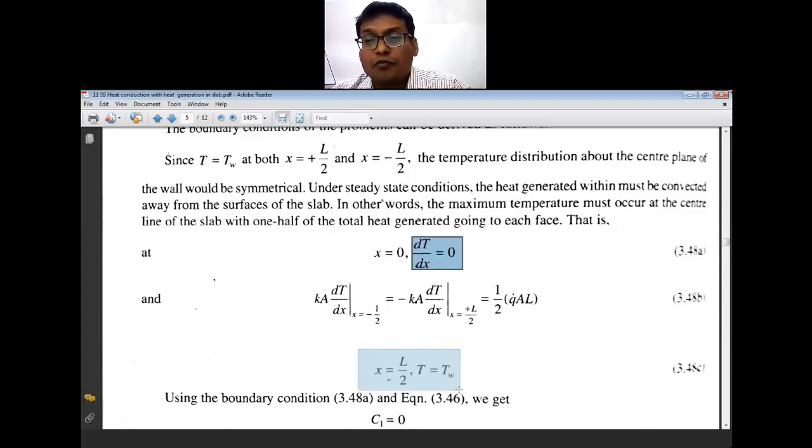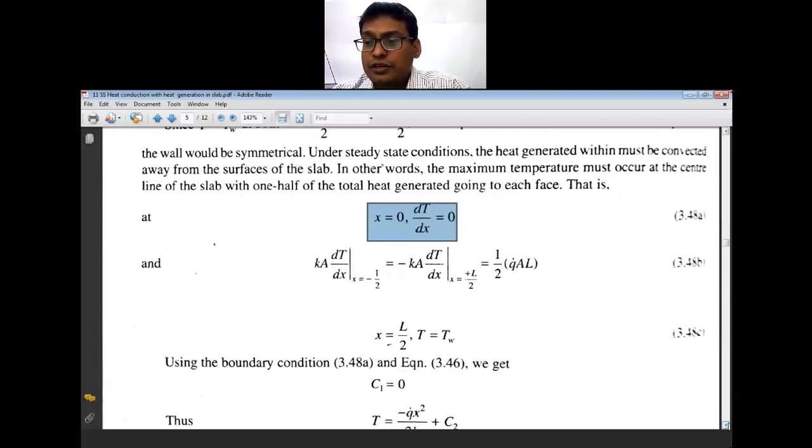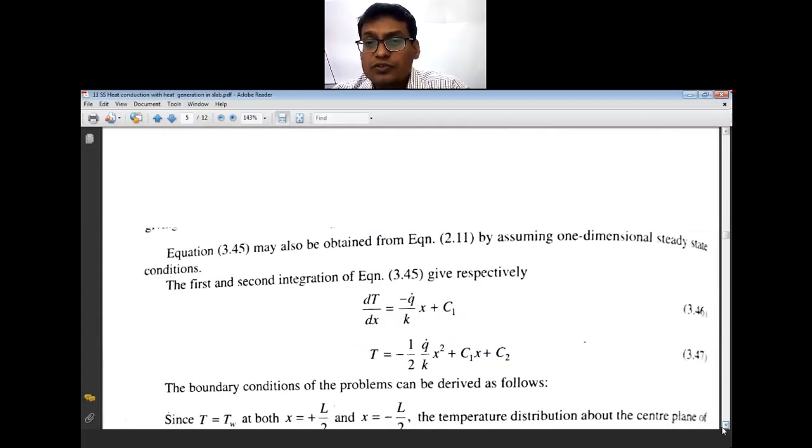So now, applying the first boundary condition and the second boundary condition, you have to simplify the above equation. First we will simplify this and then this, to calculate the values of C1 and C2.